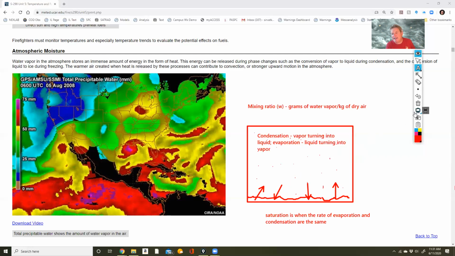So what I need to do is I need to say what relative humidity is. RH, which is relative humidity, is the amount of water vapor in the air. And I'm going to do this way because I think I can make it a little bit better.